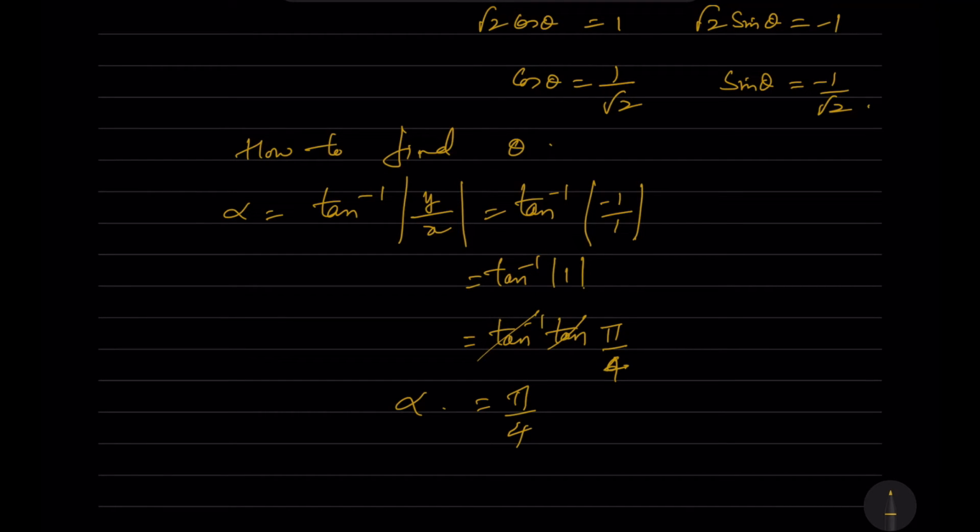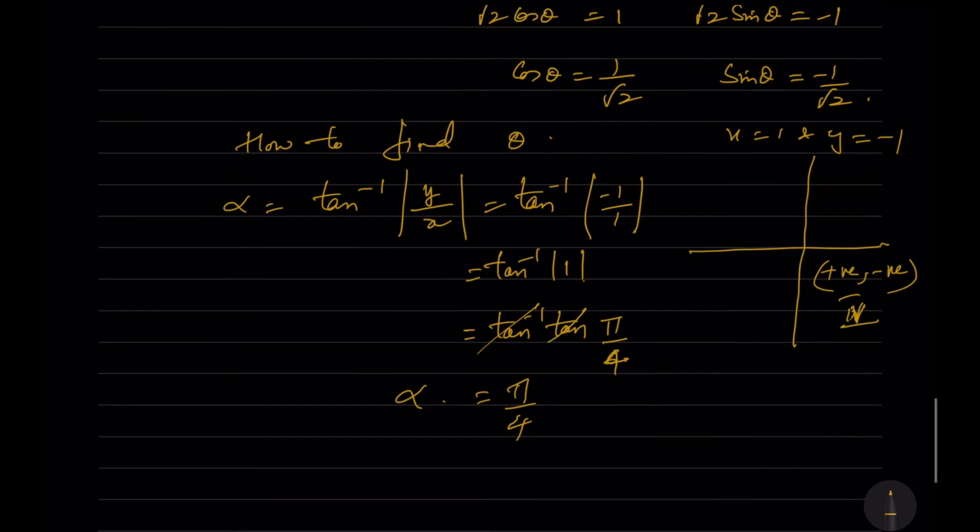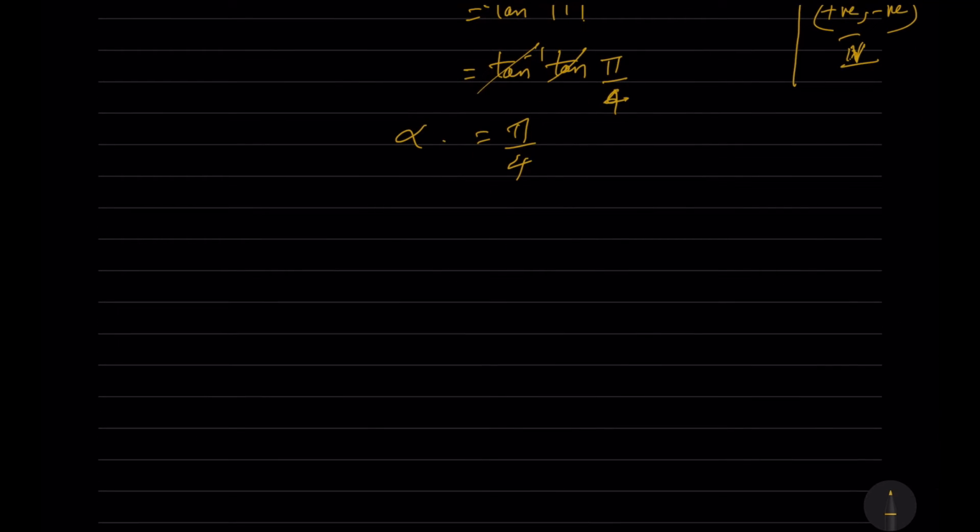Now we have to see where x is equal to 1 and y is equal to minus 1. So in the fourth quadrant, x is positive and y is negative. So now we have to find out the value of theta in the fourth quadrant.